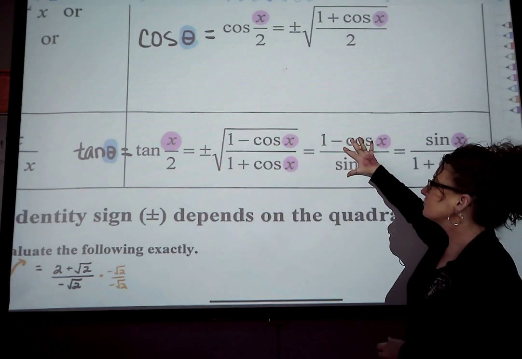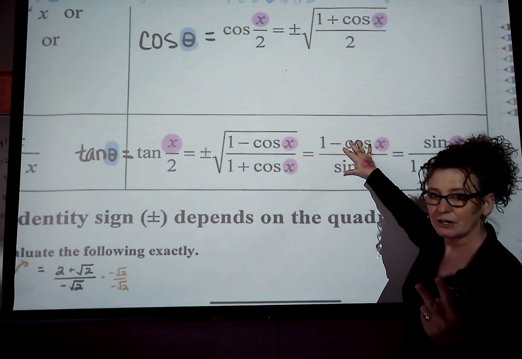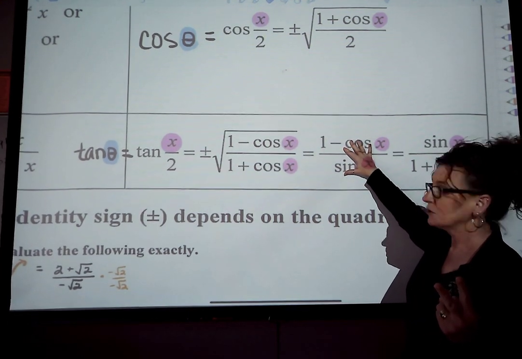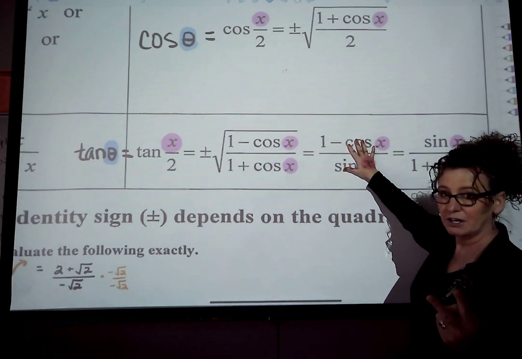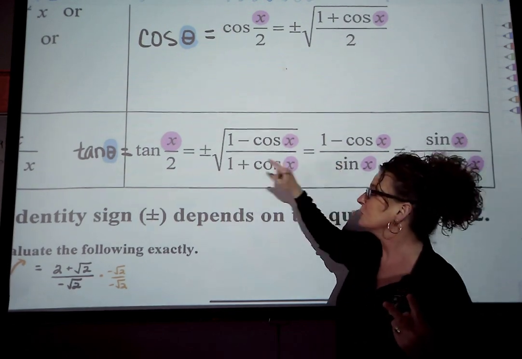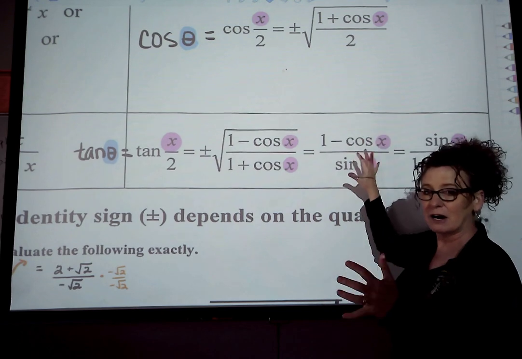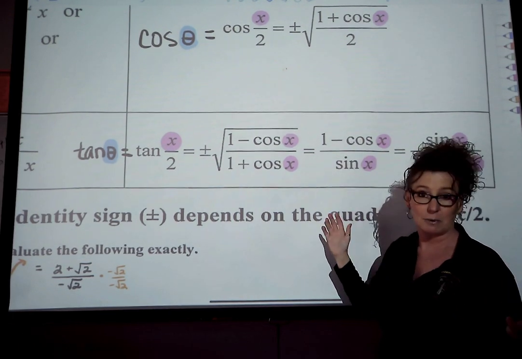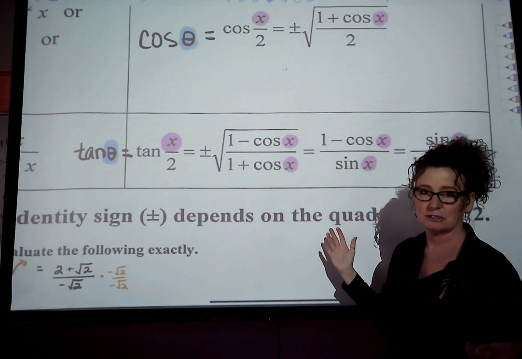You can use this formula, no radical, no decision about positive or negative. You're going to have to use the cosine fraction as well as the sine fraction for a common angle. But you don't get to choose positive or negative. However this works out, if it works out to be a positive fraction, that's the way the answer was supposed to be. If it works out to be a negative fraction, that's the way the answer was supposed to be.